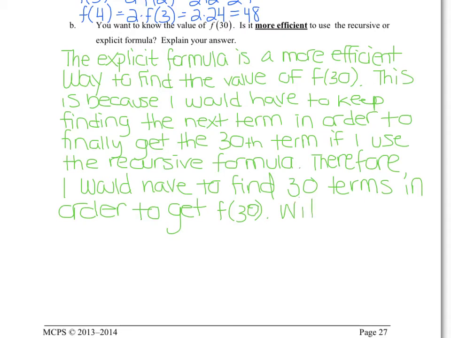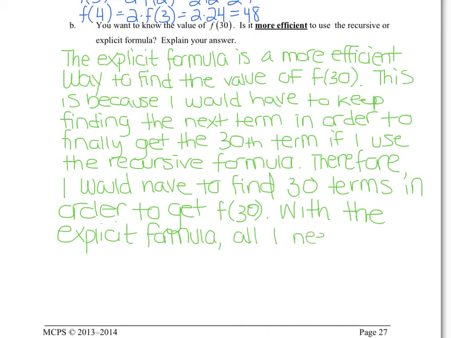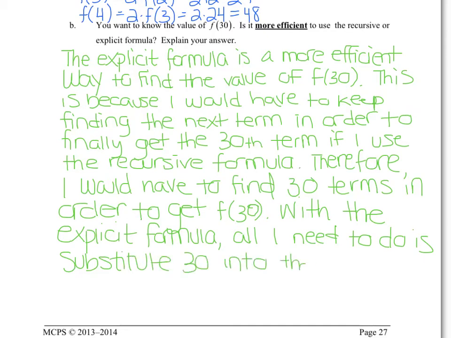With the explicit formula, all I need to do is substitute 30 into the formula for n to get f of 30.